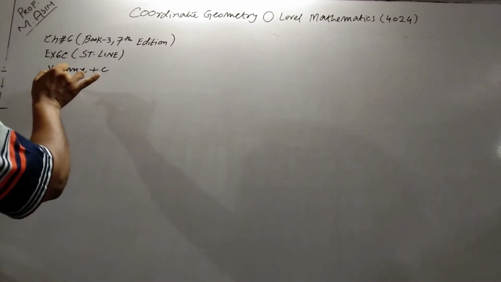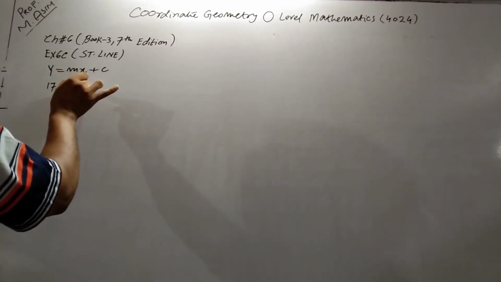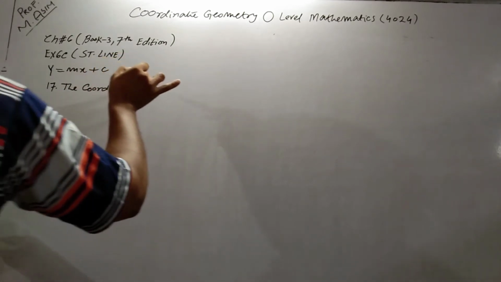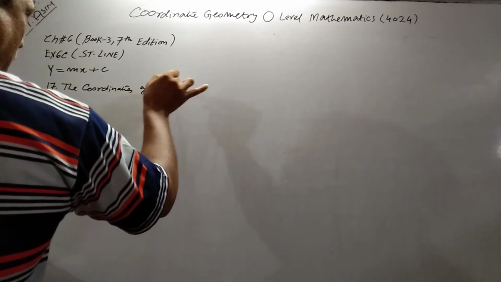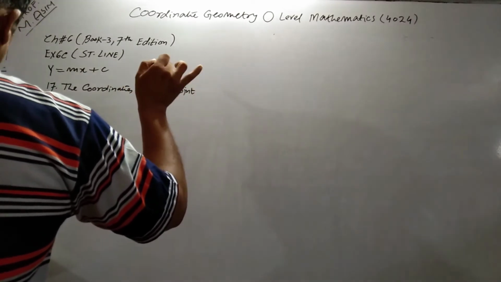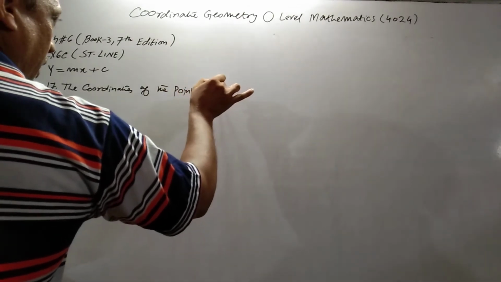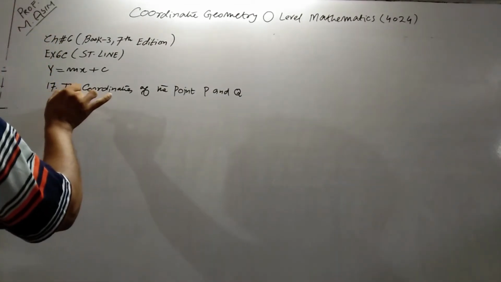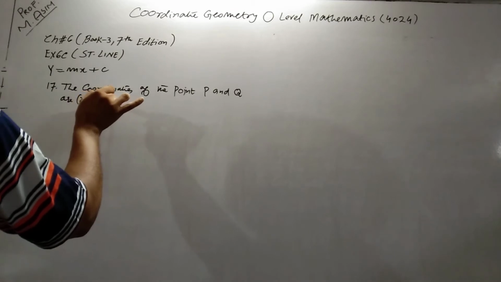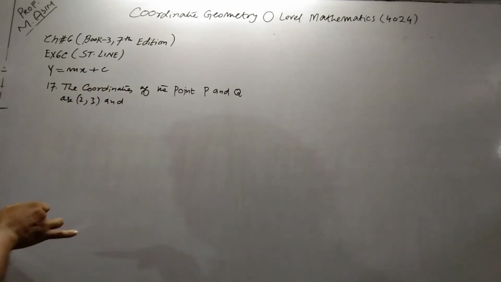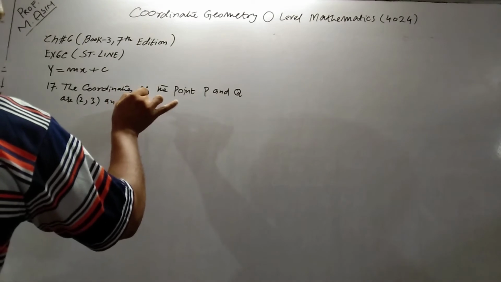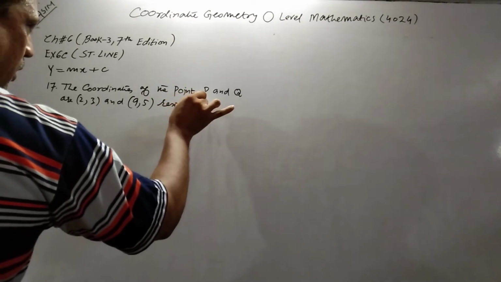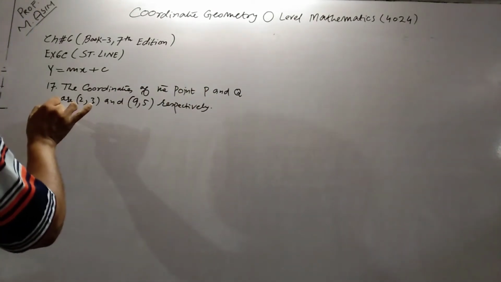Question number 17 is the coordinates of the points P and Q are (2, 3) and (9, 5) respectively. Part number 1.